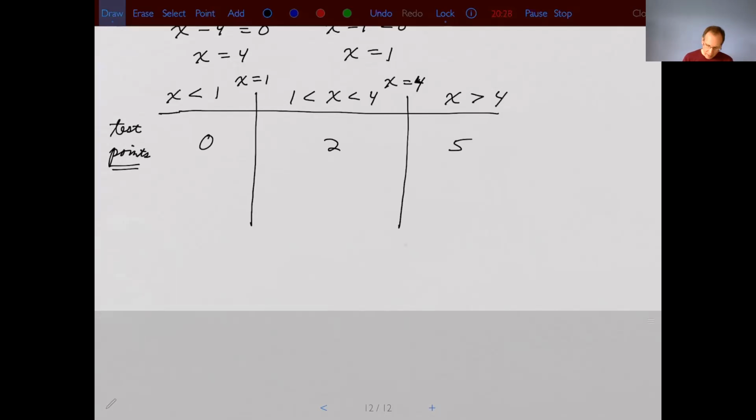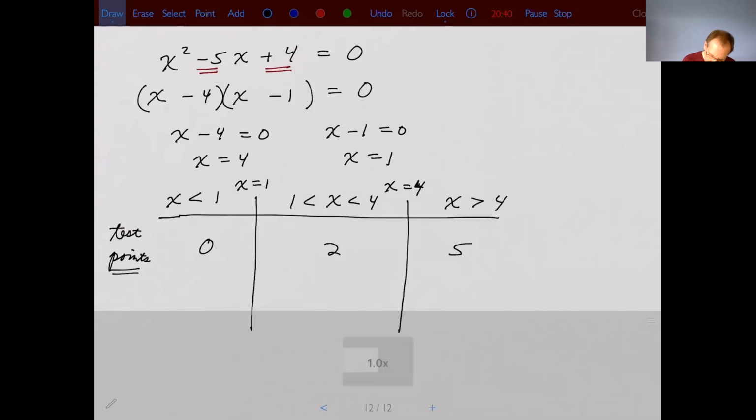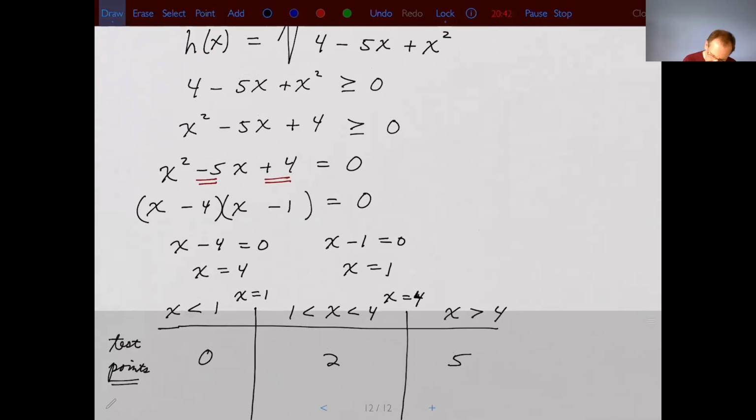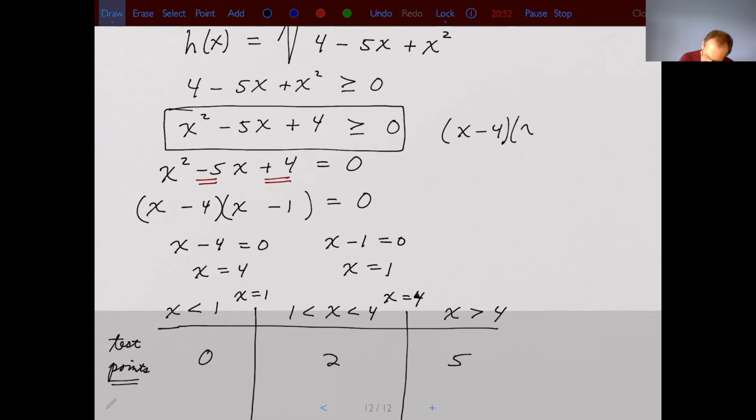Okay, so I need to test this now. And actually, it's easier to plug it in when it's in factored form, right? So remember, the original inequality is this right here. But we factored this to be x minus 4 times x minus 1 is greater than or equal to 0.